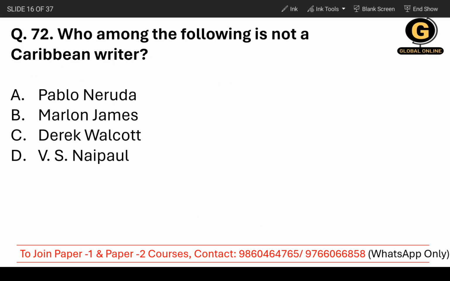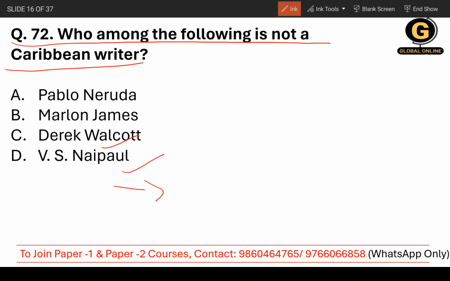Moving on to question number 72. Who among the following is not a Caribbean writer? See here, from the end. V.S. Naipaul is of course a Caribbean writer because he was a Trinidadian-born British writer. Trinidad is basically associated with the Caribbean islands. Derek Walcott is also associated, he is the main figure.